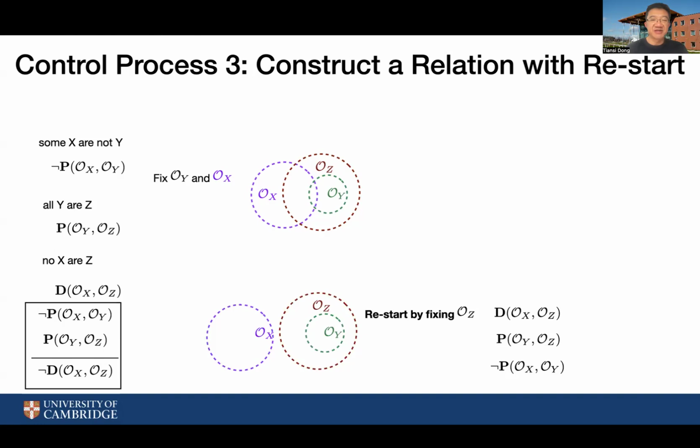X disconnected from Y certainly means X is not part of Y. So the third control process is to restart the process by choosing a different sphere to fix and to optimize the other two relations.